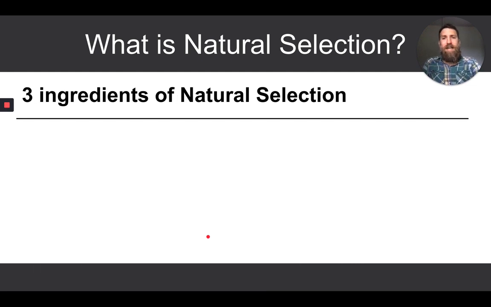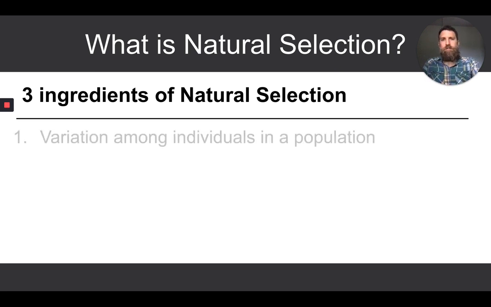Now, there are 3 ingredients of natural selection that you need in order for natural selection to work. And it's important to have a clear understanding of these 3 ingredients and how they work. The first ingredient, variation among individuals in a population.